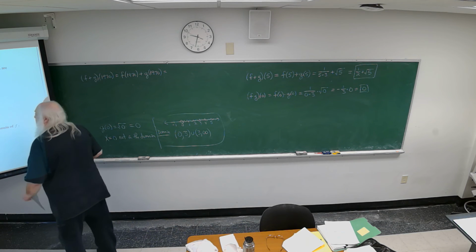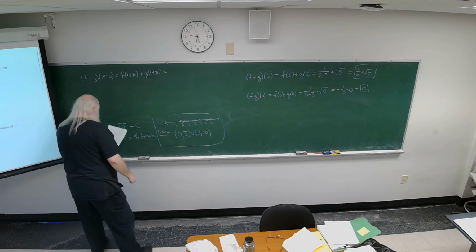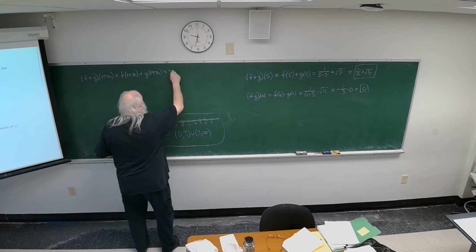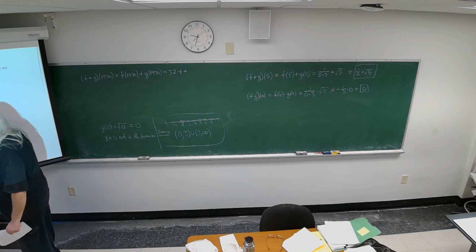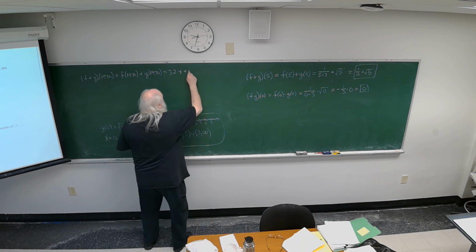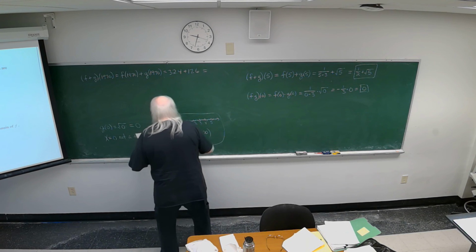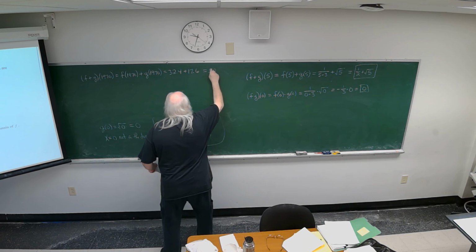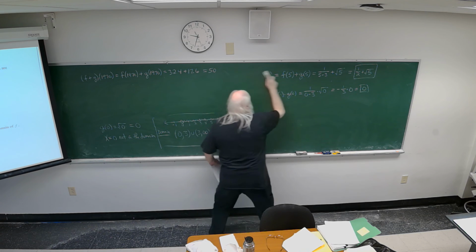Well, f of 1970, right? So x is equal to 1970. So f of 1970 is equal to 32.4. And g of 1970, right, is equal to 17.6. Which is equal to, when you add those two numbers, 50 million tons of SO2, right?